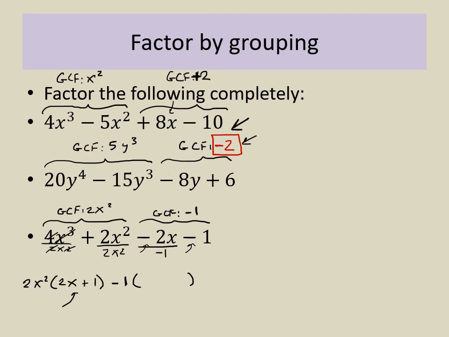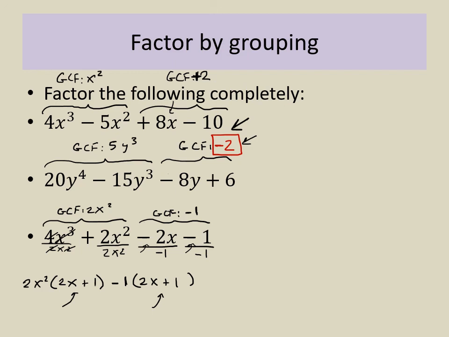Divide this by -1, -2x divided by -1, negative by negative is positive, that gives me a positive 2x. What about the second one? If I divide this by -1, same thing, negative divided by negative is positive, so I get the +1, and now we have the same factor in the parentheses that we need to continue.